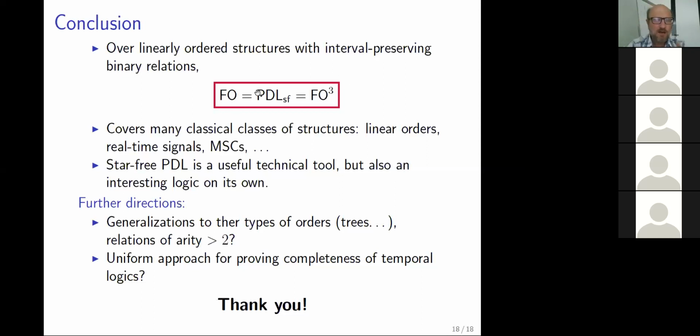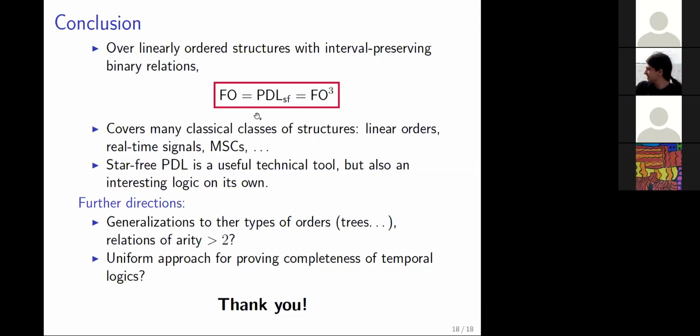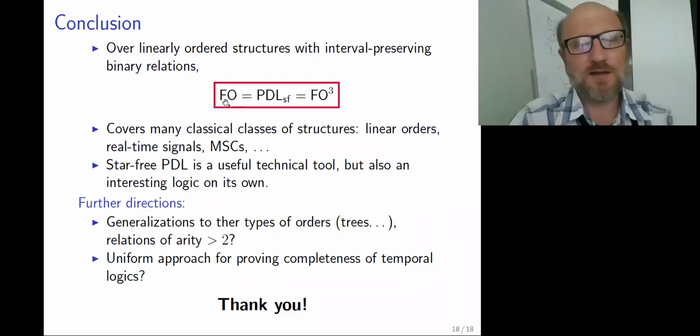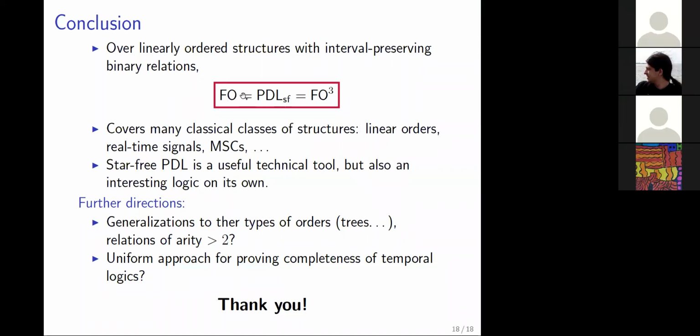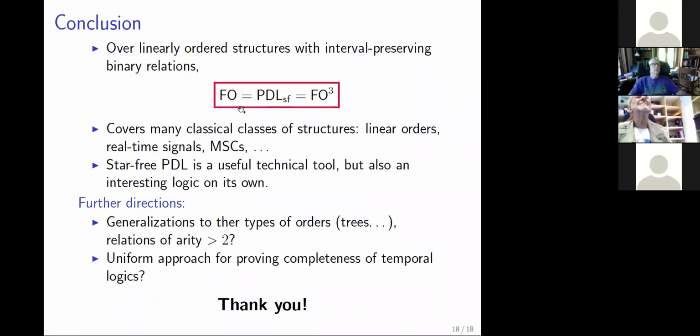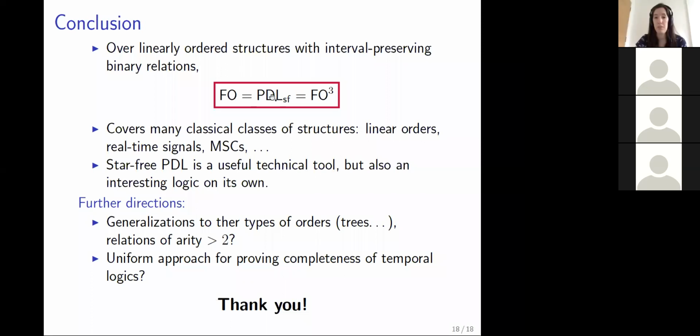It seems to me that there should not be any exponential blow up. In my translations, there's a non-elementary blow up, basically in all directions. I mean, not from star-free PDL to FO3, but from first order logic to star-free PDL.